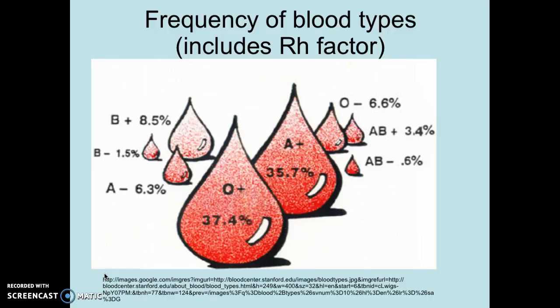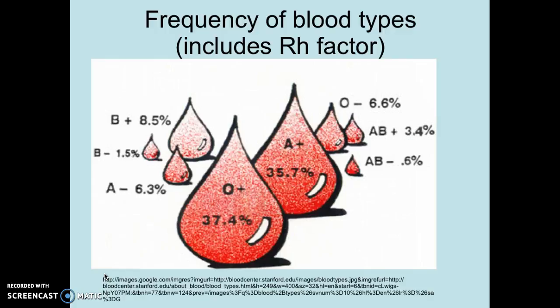So here is an example of blood types, also including Rh factor. Rh factor is inherited like simple dominance. You can either be positive or negative. Notice that O positive and A positive comprise most of our population, with over 70% having those two blood types.